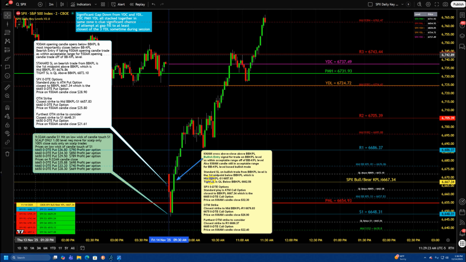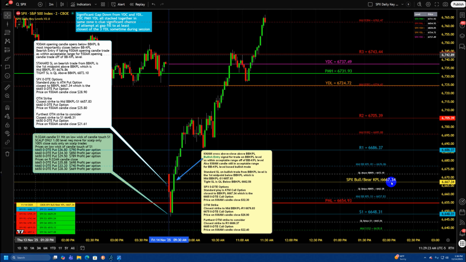So as an example, this trade is off of the bull-bear KPL level. The price is 66.6734. SPX trades in 5-point strikes. So for example, here, one strike would be 66.70 and one strike would be 66.65. 66.6734 is closest to the 66.65 strike.